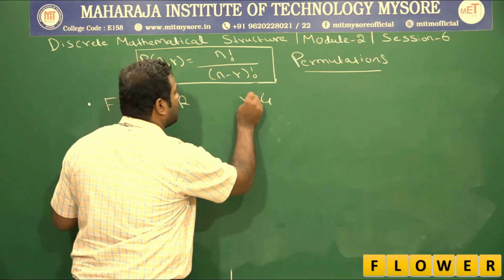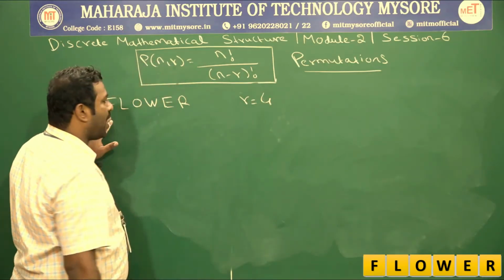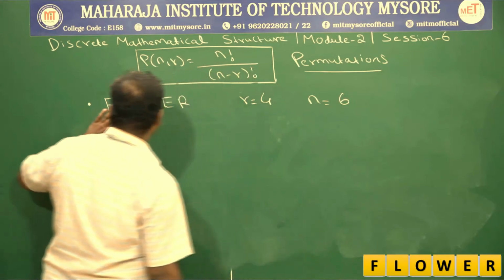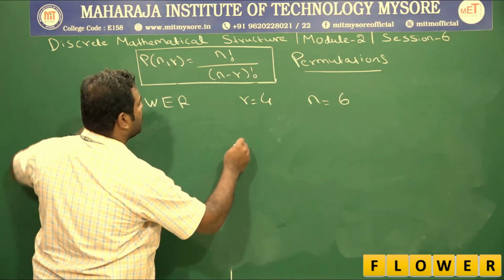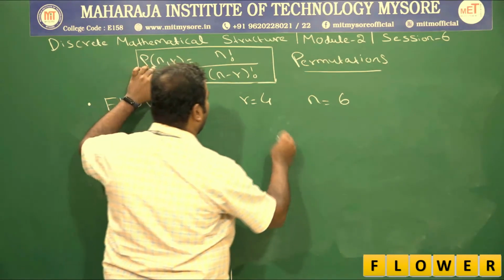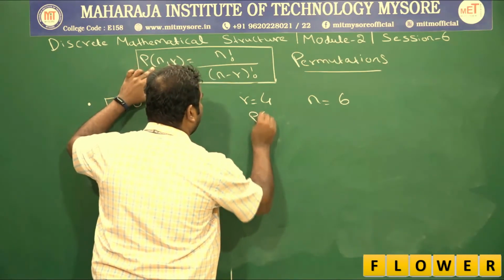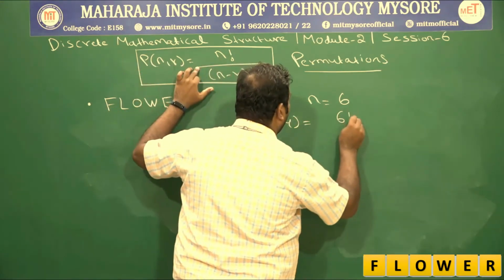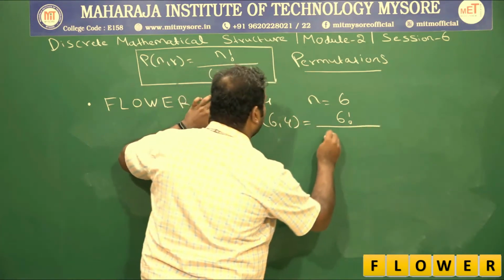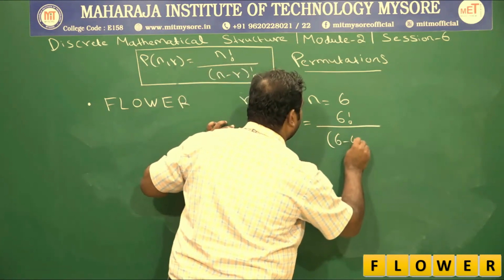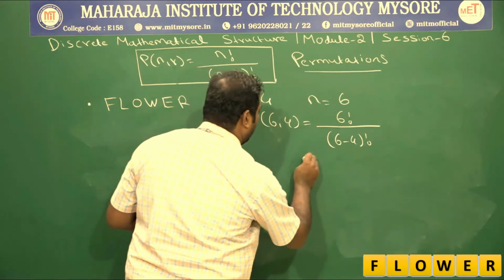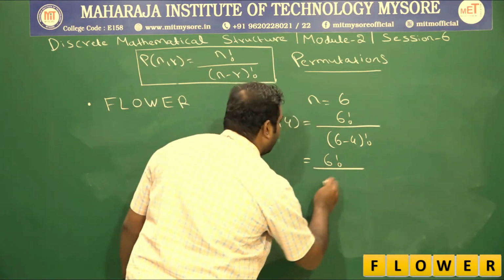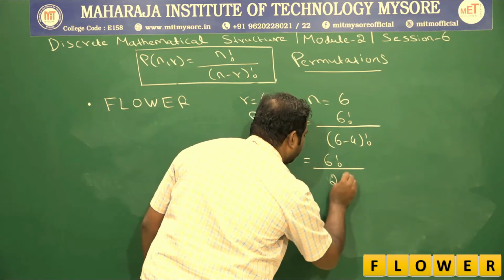That means now this becomes R. The total number of characters becomes n, hence n equals 6. So I am going to apply the form P(n, R), which is P(6, 4), equivalent to 6 factorial divided by (6 minus 4) factorial, so 6 factorial divided by 2 factorial.